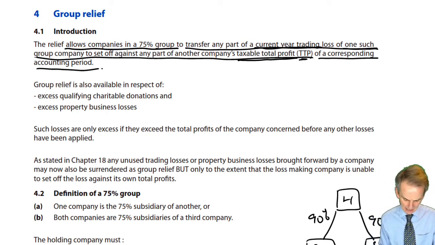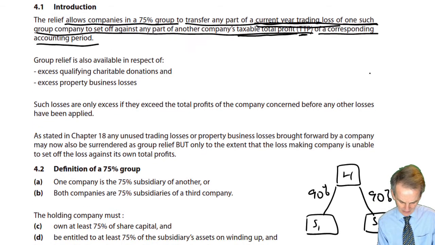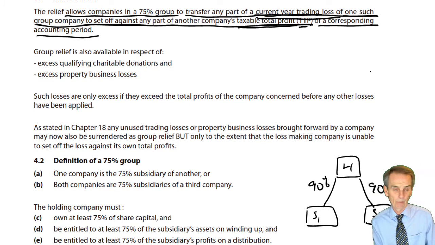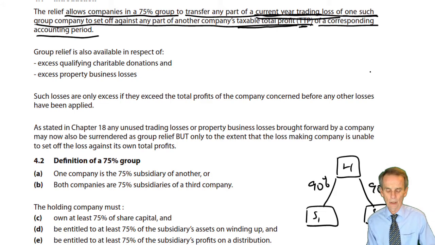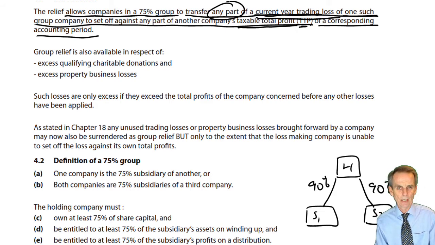So the big thing there was 75% group, and I've said it's about relieving, to begin with at least, a current year trading loss. Now, group relief is not confined to just trading losses, but we make the point here that we could transfer any part of a current year trading loss.